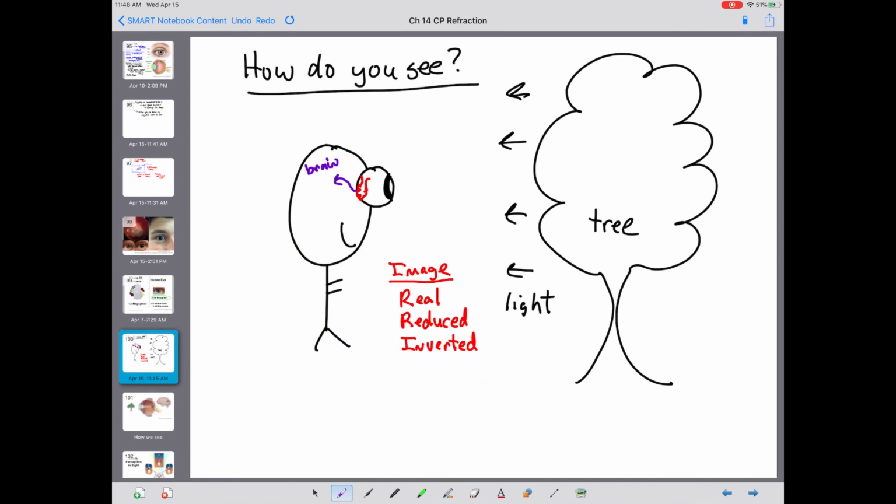So then your brain's going to resolve that, and it's going to flip the image over. So then even though the image forms on the retina, reduced and inverted, your brain will actually process that signal, and the brain flips the image over so that you see things right side up and life size, not reduced in size.